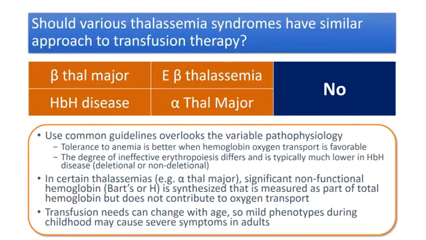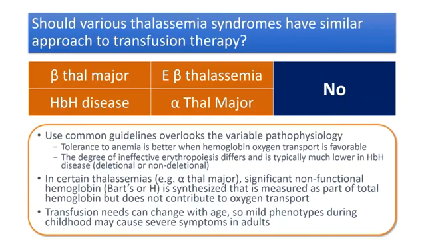So the question that we pose is, should various thalassemia syndromes have a similar approach to transfusion therapy? There are 4 common thalassemia syndromes out there: beta thalassemia major, E beta thalassemia, hemoglobin H disease, and alpha thalassemia major. And the answer, as you can see, really is no. The reasons are described below.